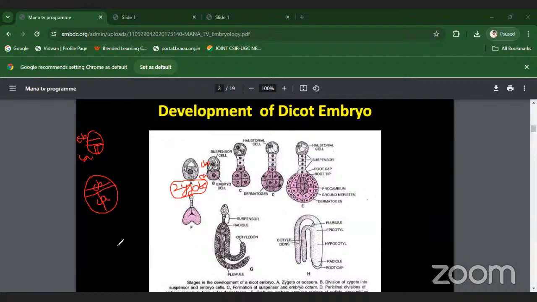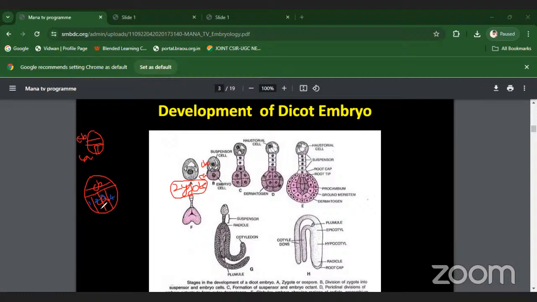Then another longitudinal division in the CA, another longitudinal in each cell, like this. Now, how many cells are formed here? In the apical cell CA, 1, 2, 3, 4 cells are formed. This is called the quadrant stage.